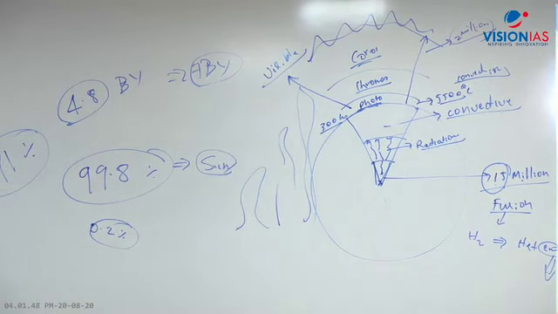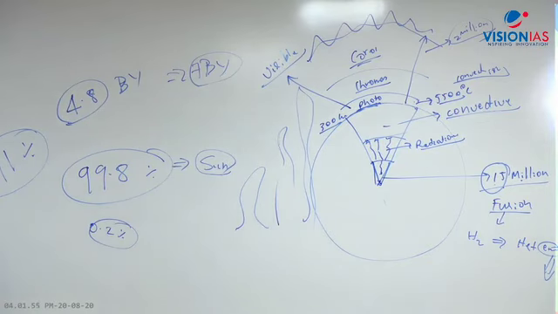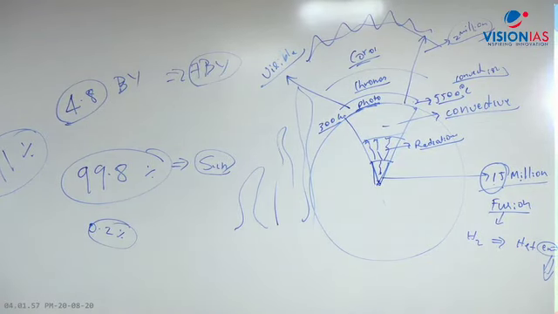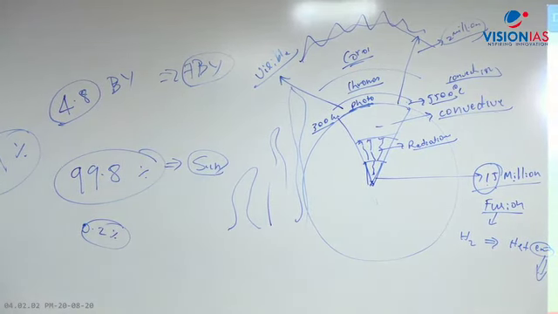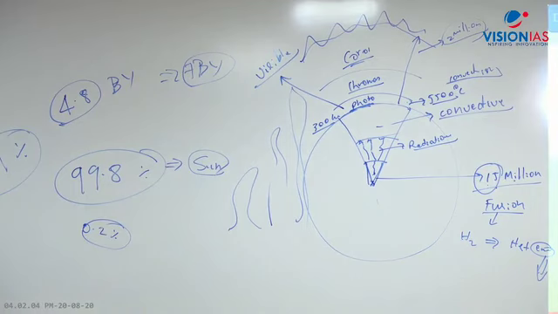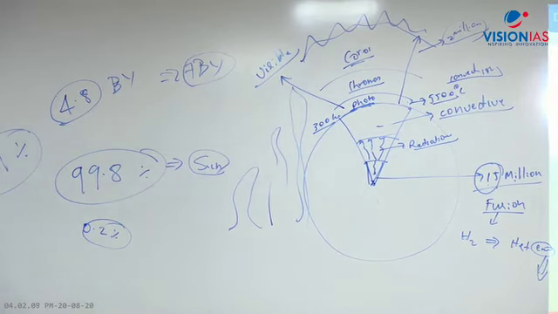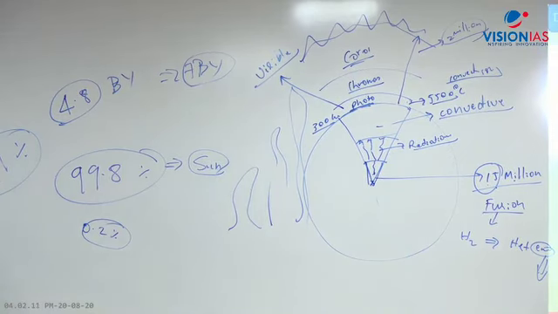Third one, convective zone. It is a zone of convective currents where the photons through convection reach the surface.